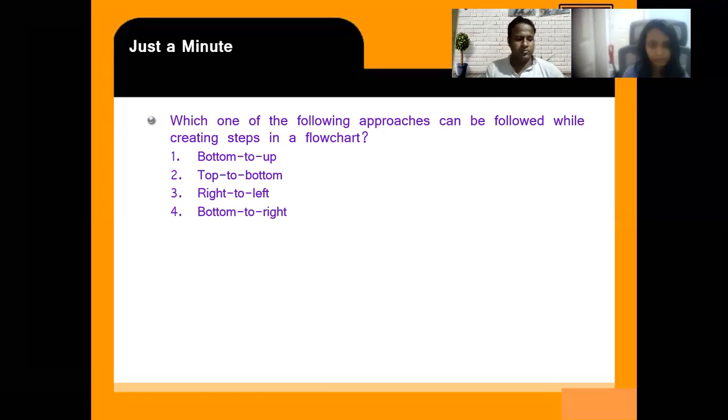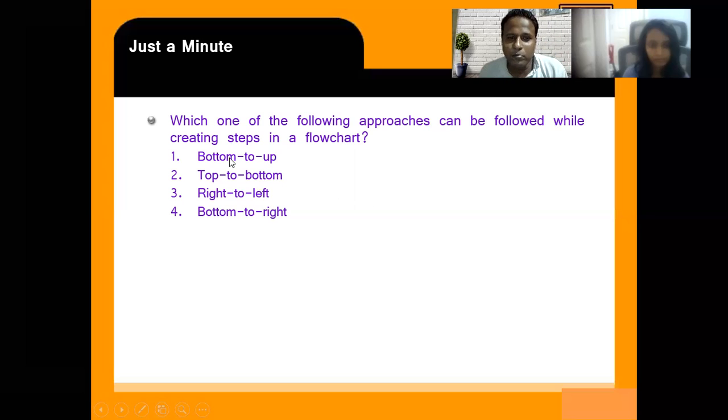I think it might be top to bottom and right to left. Which option is correct? I don't know.